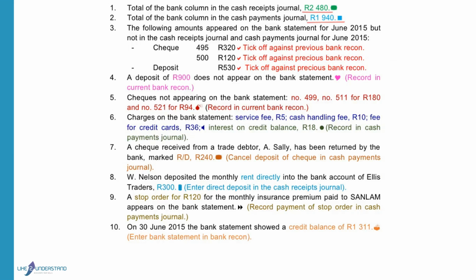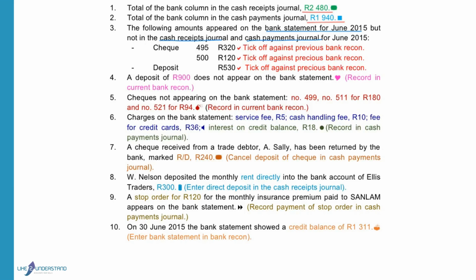The following amounts appeared in the bank statement for June 2015, but not in the cash receipts journal and cash payments journal. So this appears on the bank statement for June. Now, if we look at the check number 495 and 50 and the deposit, you will see that all three of those amounts appear in the previous bank reconciliation statement.